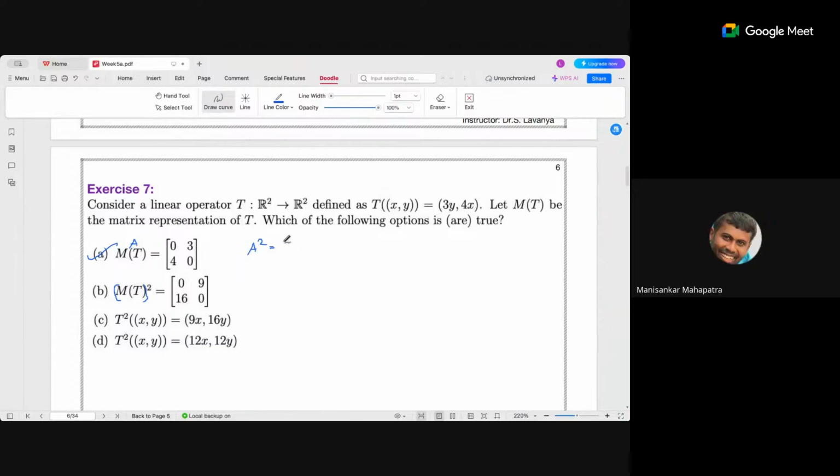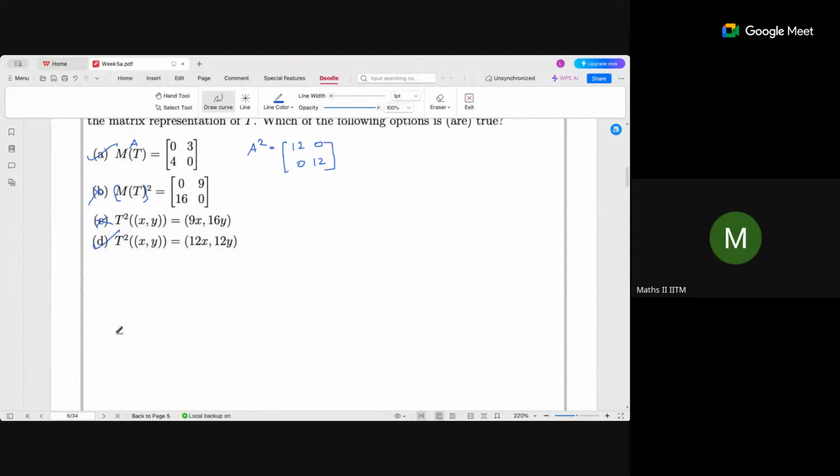B is not correct. Okay, so what should be the square of the matrix? 12 0 0 12. It should be the D option. Okay, fine. Shall we move on?